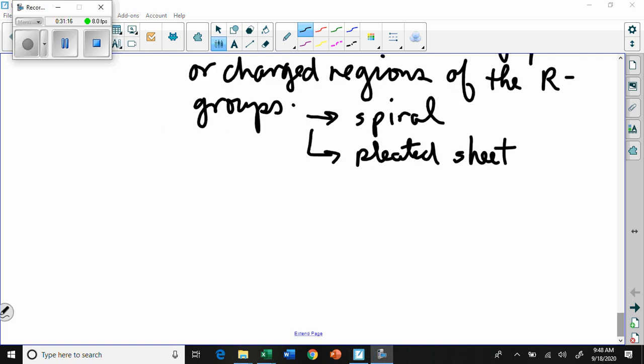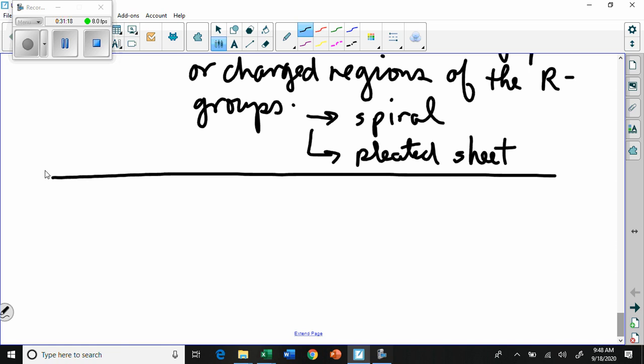Okay, so now we go like this, and we have what's called the tertiary structure.